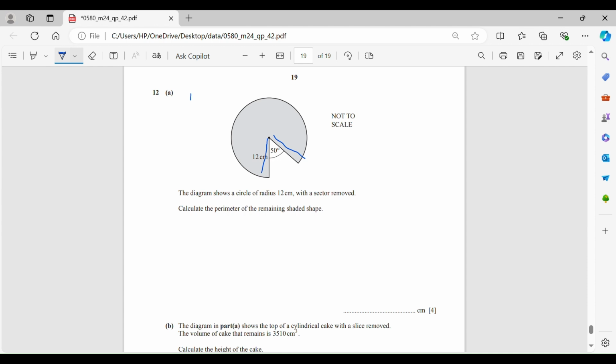First we need to find the arc length of the major sector.